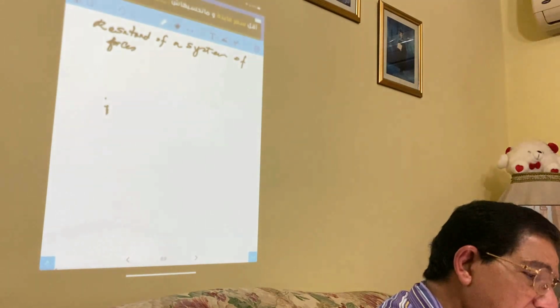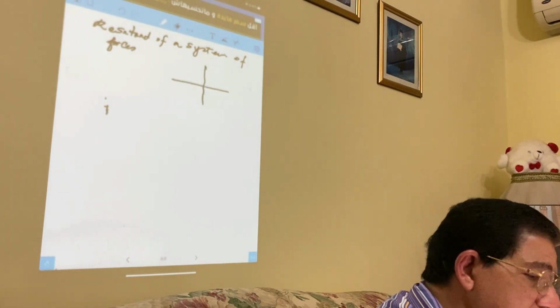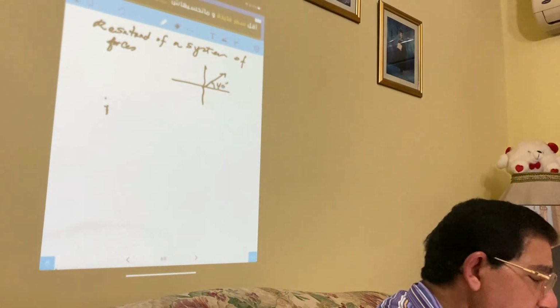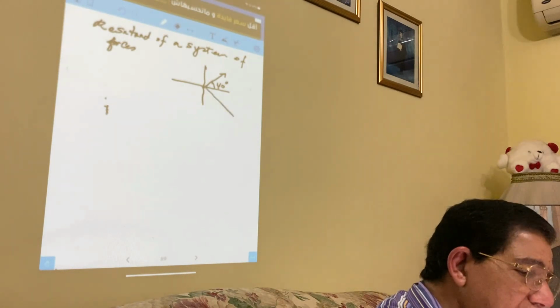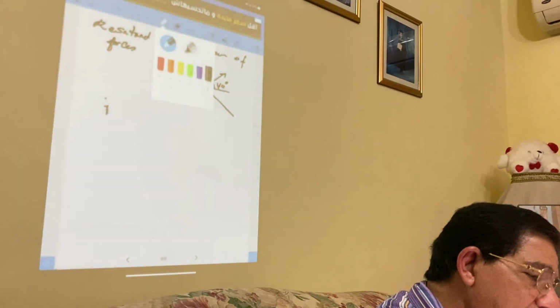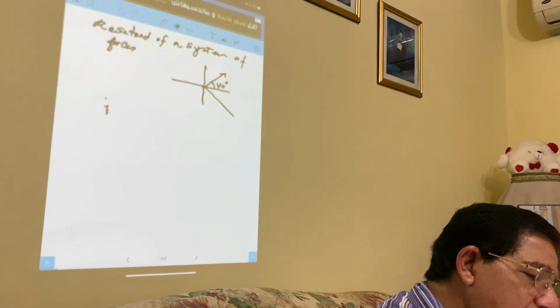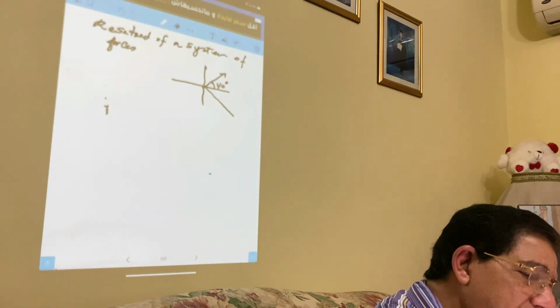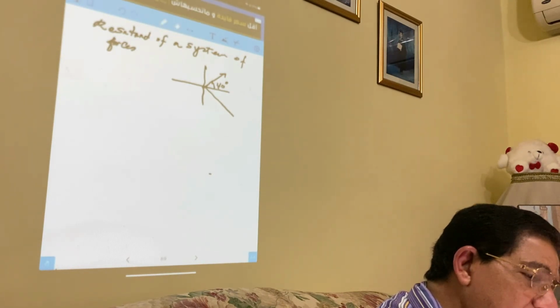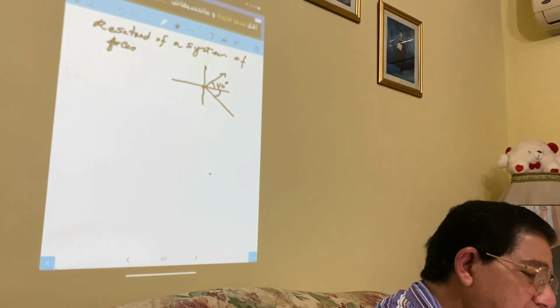Now, we have the following. We are given one force 6 inclined at an angle 40 degrees, one force 5 making angle 45 degrees.